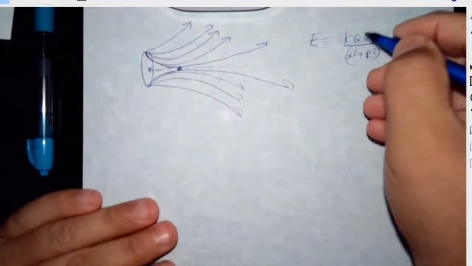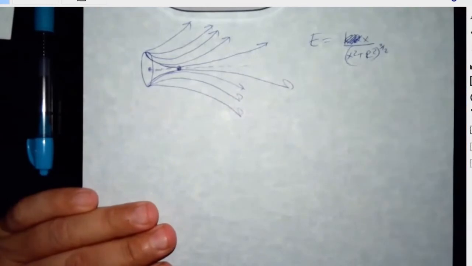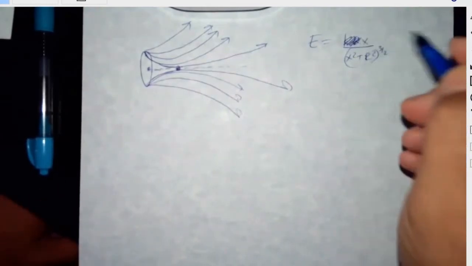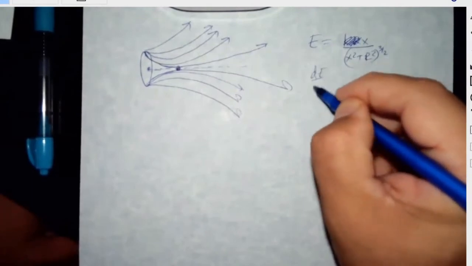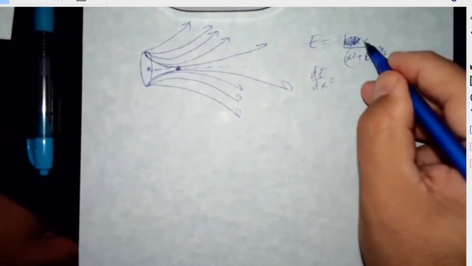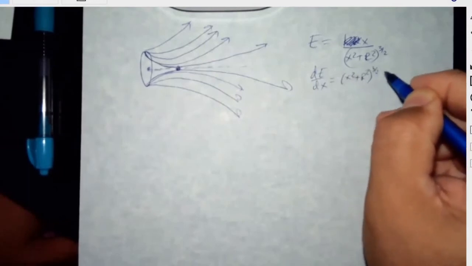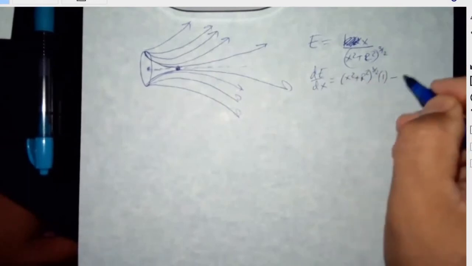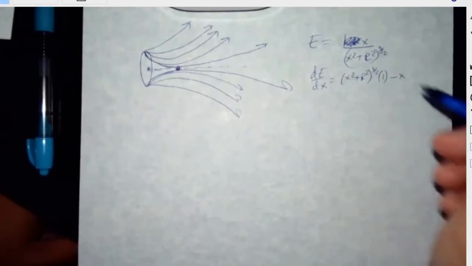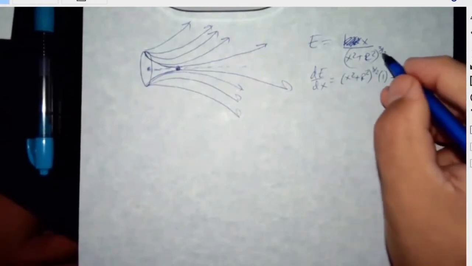I don't need the constants if I want to just know the point that maximizes it. So I can say dE/dx is equal to this times the derivative of that, minus this times the derivative of that, the quotient rule, right?